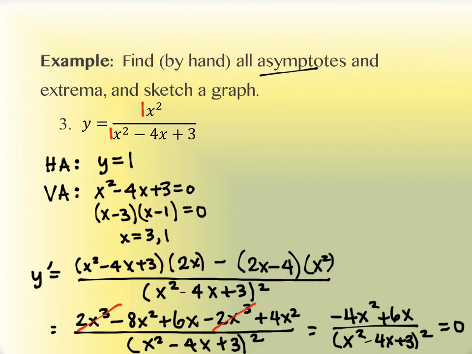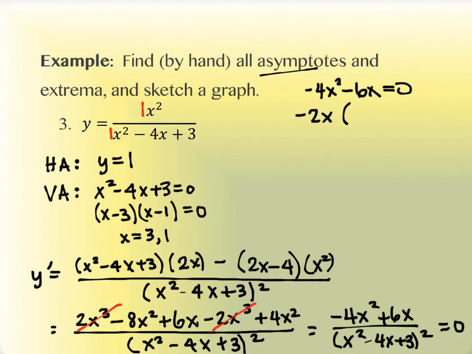So those are going to be on my sine chart. The 3 and the 1 are for sure. We also had to figure out where the numerator is equal to 0, which we haven't done yet. So my numerator, negative 4x squared plus 6x equals 0. What would we do? Factor out a negative, and I can even do a negative 2x.